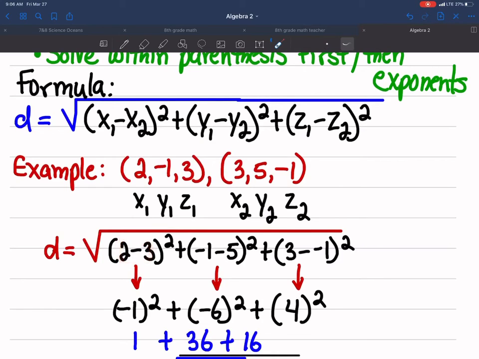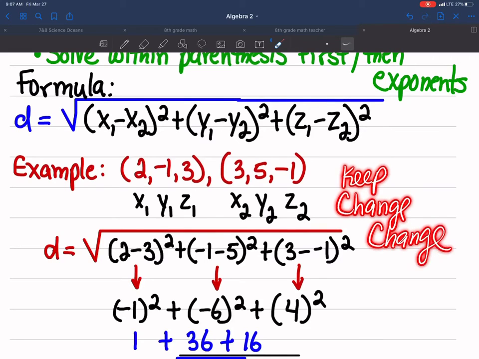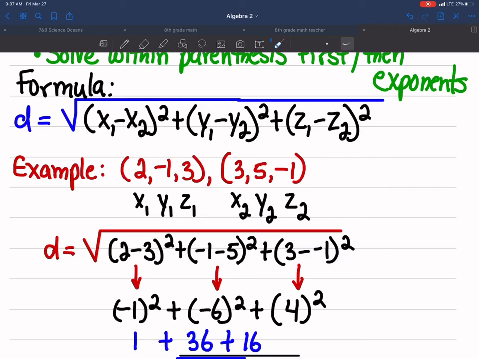All right, so 2 minus 3 is going to give us a negative 1. Negative 1 minus 5 is going to give us a negative 6. Why? Well, in this distance formula, we're going to follow the keep, change method, or rule.